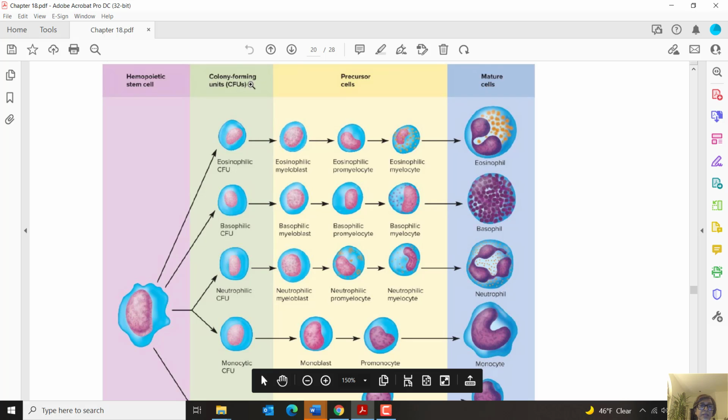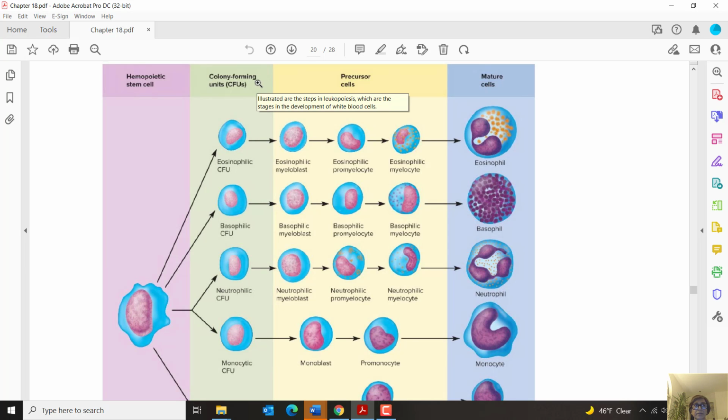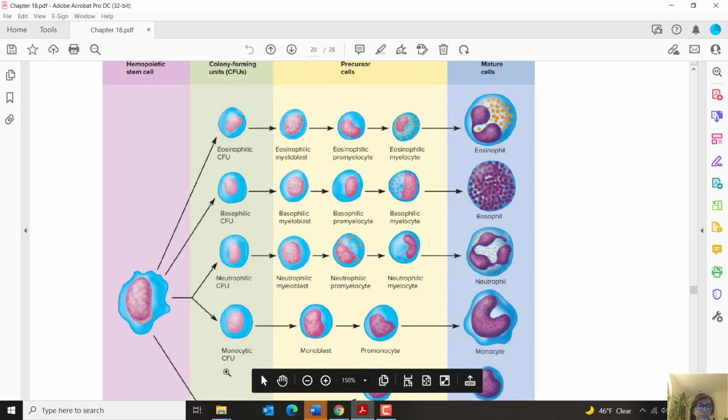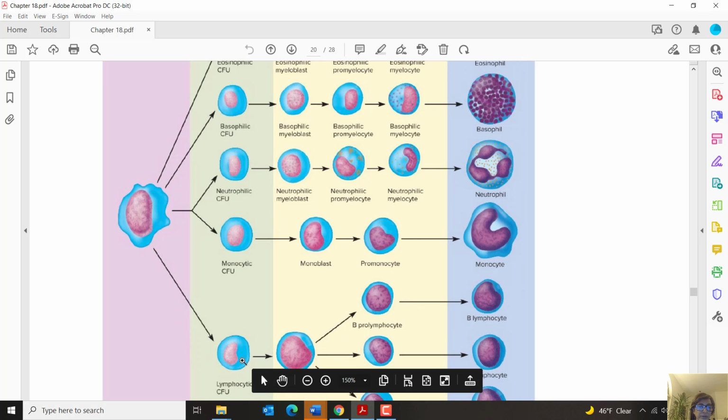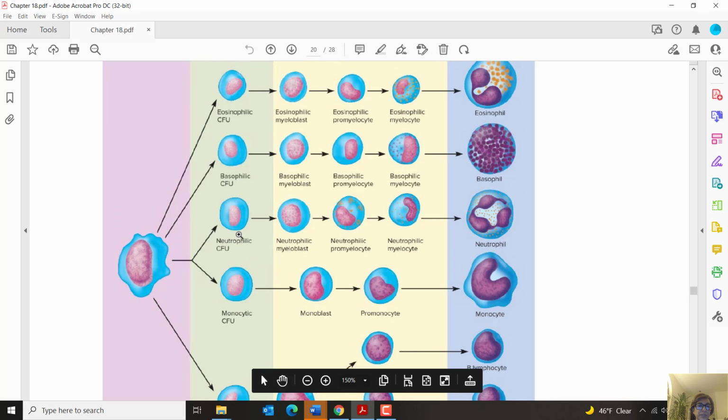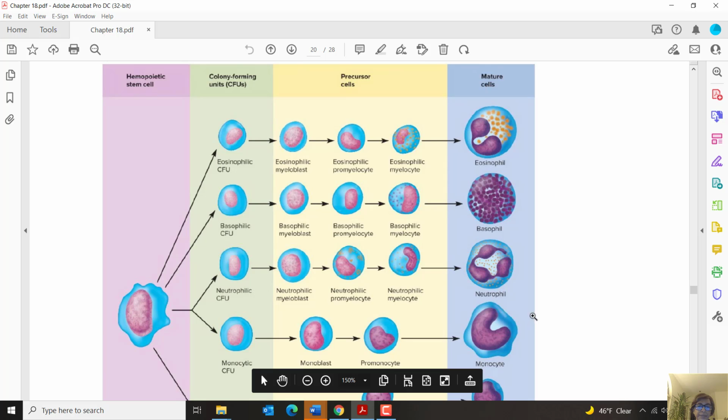Under colony stimulating factors, they form these colony forming units. So these are like the precursors for lymphocytes, monocytes, neutrophil, basophil, and eosinophil. If you see these four, they come from the same lineage.